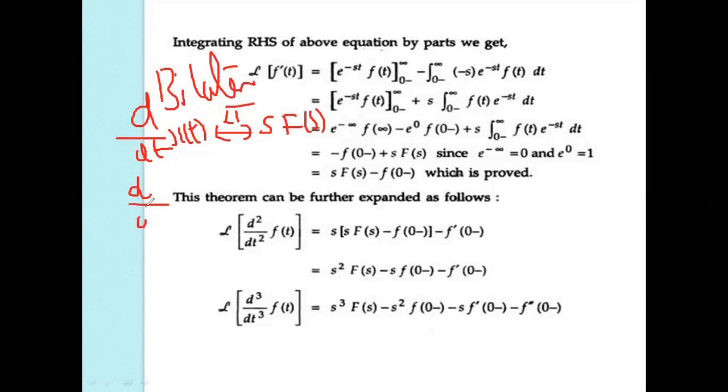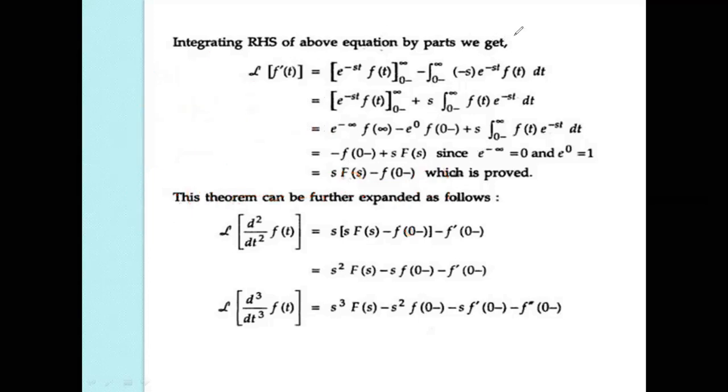And for unilateral, the d by dt of x of t, the unilateral Laplace transformation, is s into F of s minus f of 0 minus. Remember this one. This is the only property that differs between bilateral and unilateral. All the remaining properties are the same for bilateral and unilateral.